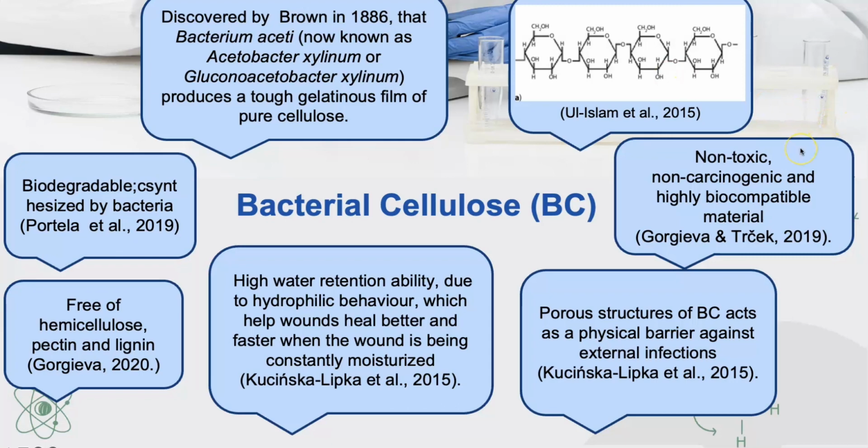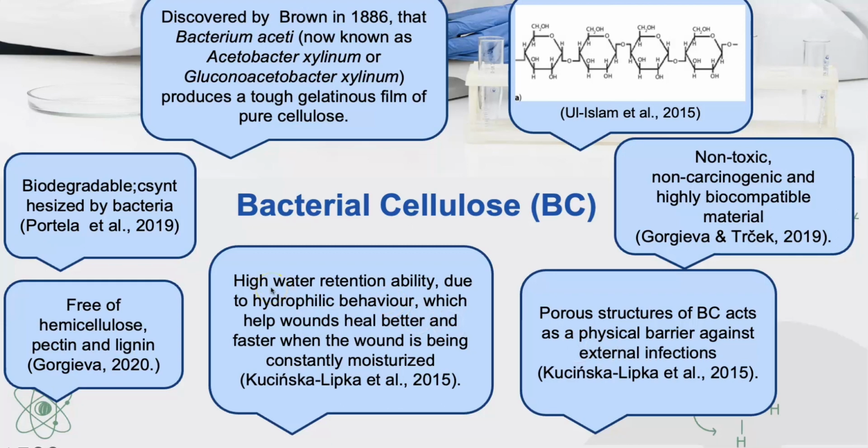And biocellulose or bacterial cellulose is non-toxic, non-carcinogenic, and a highly biocompatible material. The porous structure of BC is really good as a physical barrier against external infection, so BC is widely used in wound healing biomaterial applications.